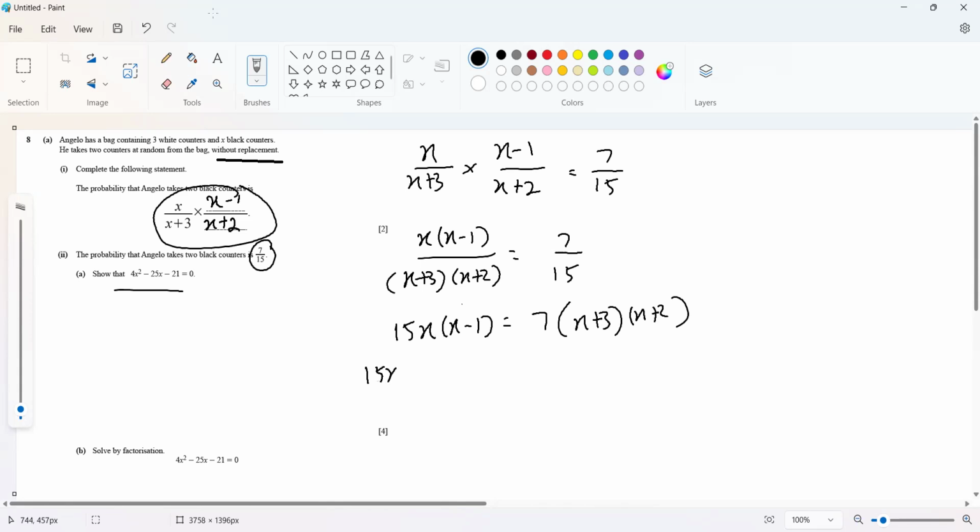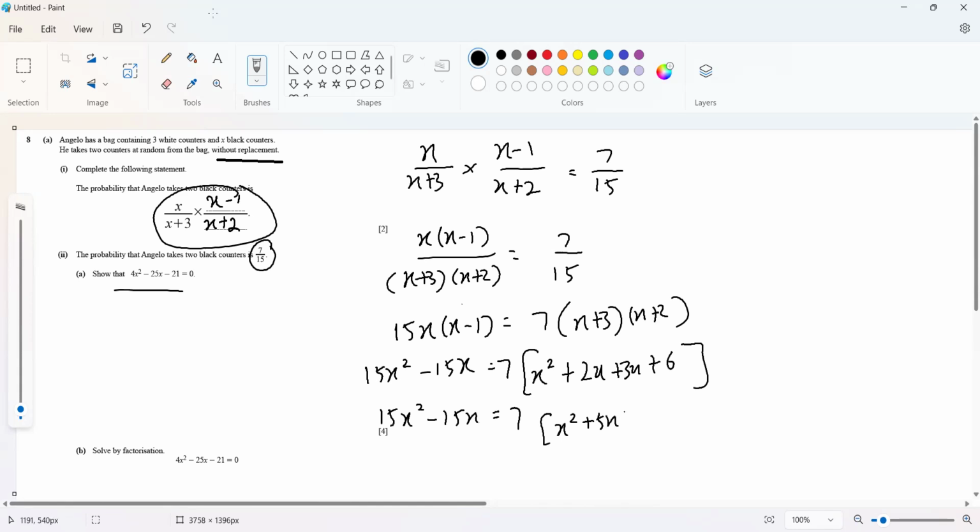Now we expand the bracket: 15x squared minus 15x equals, don't multiply the 7 in first, multiply the simple one first, x squared plus 2x plus 3x plus 6. So that is 15x squared minus 15x equals 7(x squared plus 5x plus 6). And then we multiply the 7 into the bracket. So it's 15x squared minus 15x equals 7x squared plus 35x plus 42.